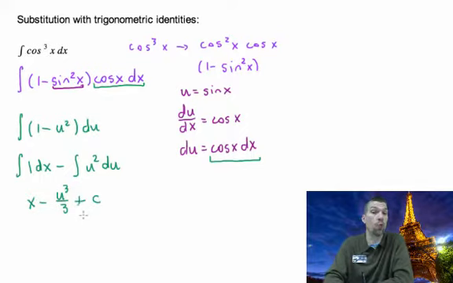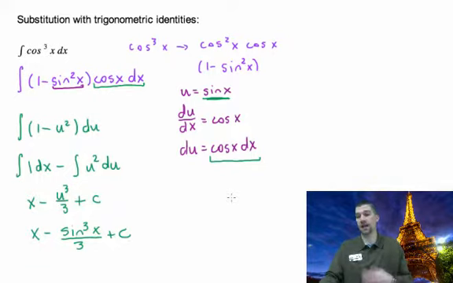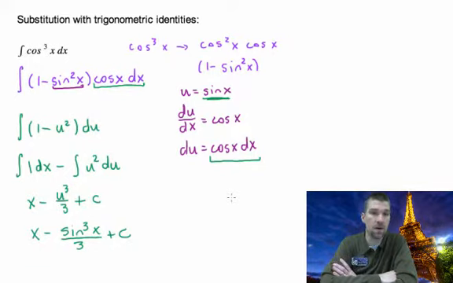Okay? Now, what is u? u happens to be the sine. So this is going to be x minus sine cubed of x over 3 plus c. And that's all there is to that guy. He's really not too bad at all, but it's a little bit of a trickier move than what we've had to do in the past because you've got to break that cosine cubed up.